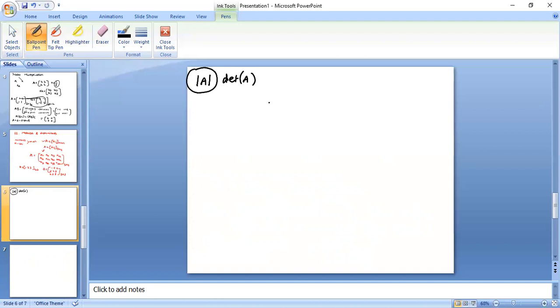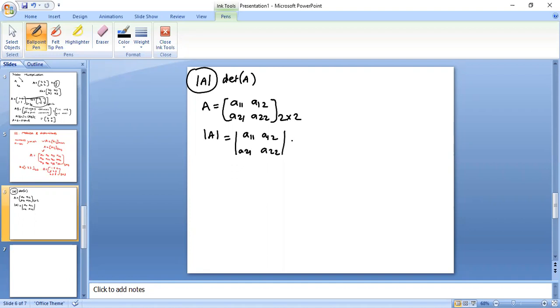Determinant of a matrix of order 2 by 2. So how to calculate? If the given matrix is A11, A12, A21 and A22, this is the given 2 by 2 matrix, then the determinant of A is calculated by cross multiplication, okay?